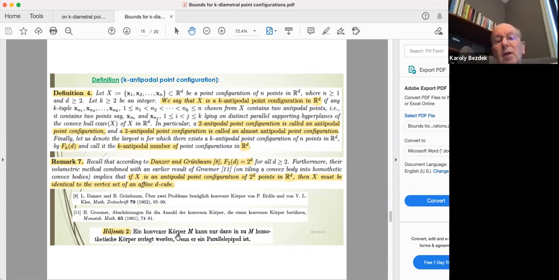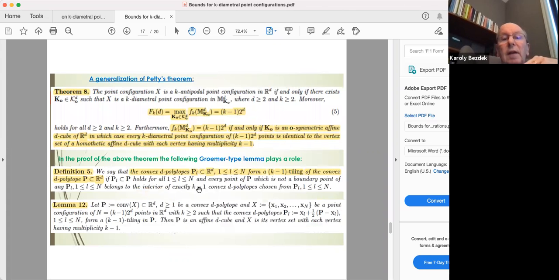This is the result of Groemer that implies that equality here happens only in a very special case, namely if capital X is an antipodal point configuration of 2^d points in R^d, then those 2^d points must be the vertex set of an affine cube.